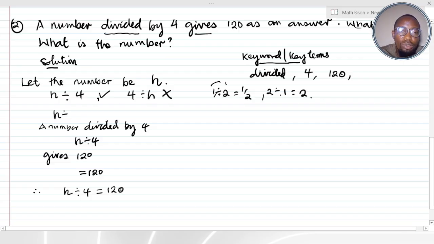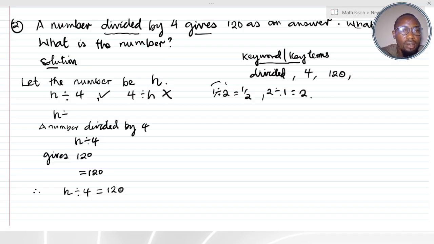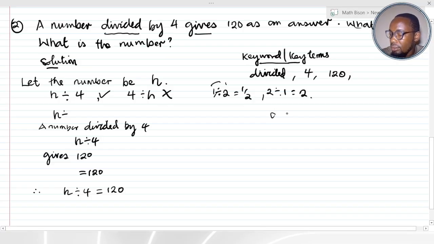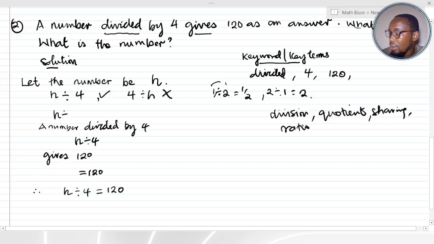Now, at this point, you also need to consider another trick. Remember that division is also what? Quotient. It can be sharing, and it can be ratio. In fact, in some cases, it is percentage.